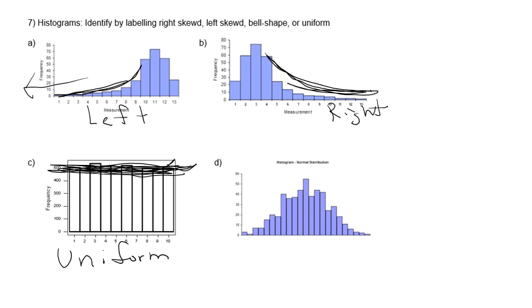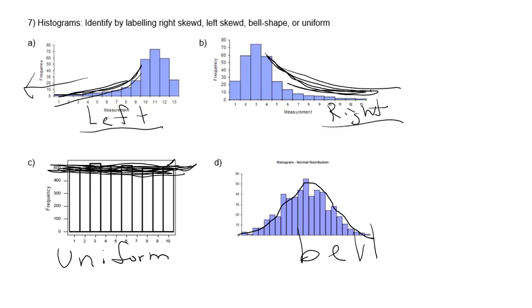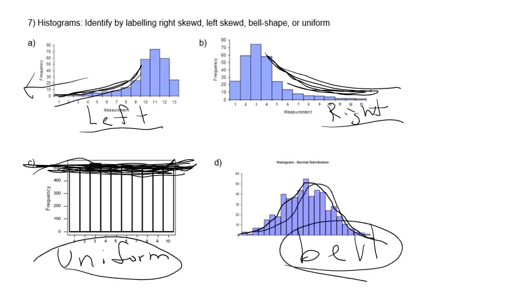And here's the one we all should be familiar with. If I kind of draw a line over these rectangles, it sort of looks like a hill to me. They call it bell-shaped. So, left tail, left skewed. Right tail, right skewed. About a horizontal line, uniform. Looks like a hill, looks like a bell.